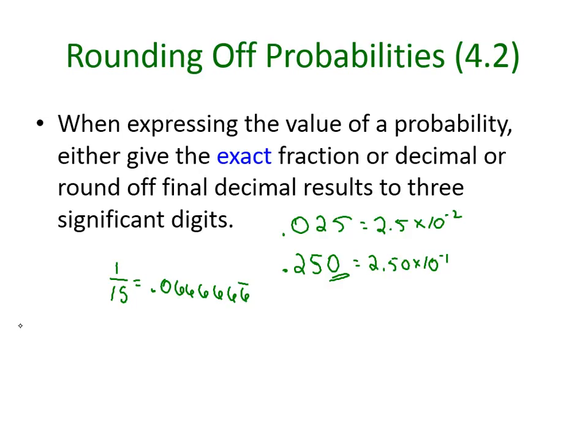If you're rounding that one to 3 significant digits, then this original 0 would not count. So this is approximately equal. It's not very good approximate. It should have little squiggly lines for approximately equal. There we go. And so we would keep the 0 and then 3 decimals after that. So it would be 0.0667. Questions there?